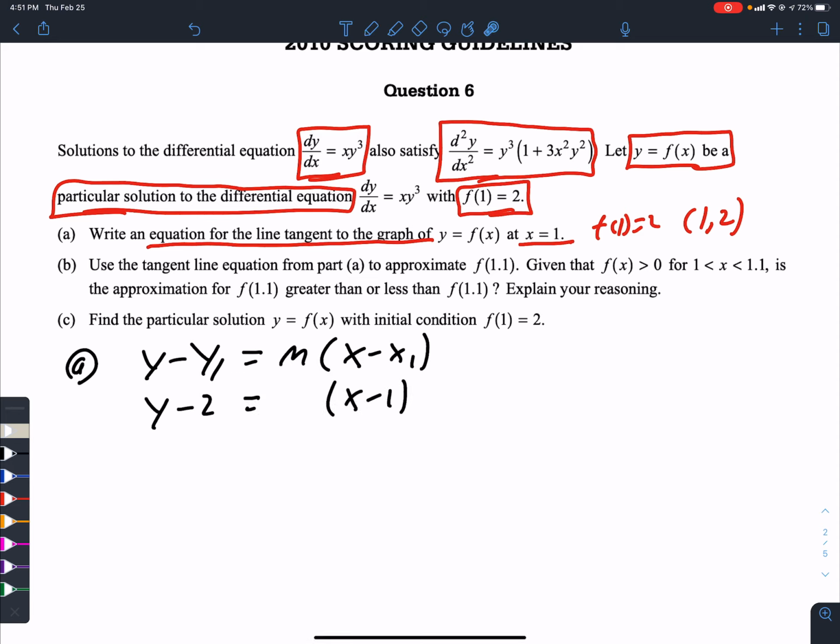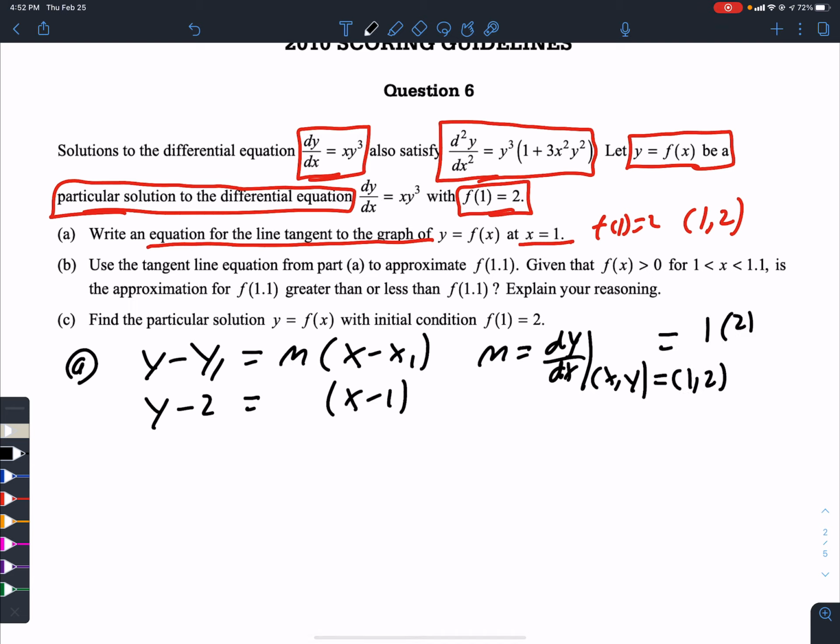Now all we have left is the slope of the tangent line. What gives you the slope of the tangent line? The derivative, right? So the slope is the derivative evaluated at a specific point, 1, 2. And so we're going to plug in 1 for x, 2 for y, and we get 8.